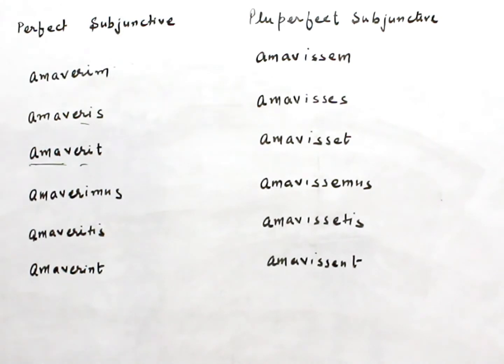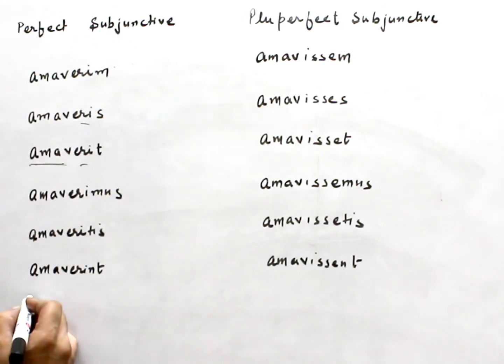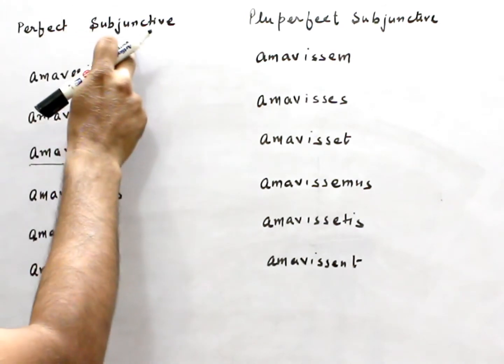Where we use subjunctive: subjunctive I have already explained, that is like in English we use modals. Now I see what is the perfect passive.